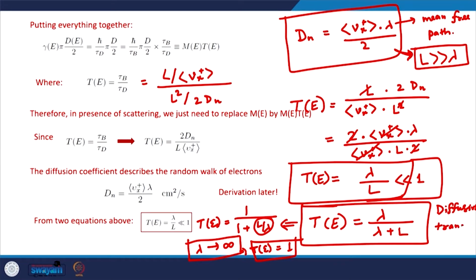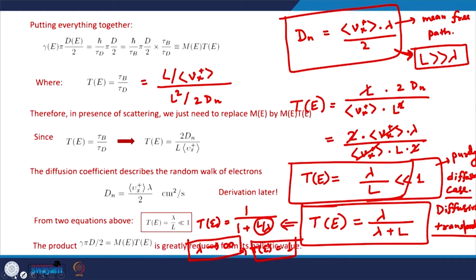So, this is a general expression, true for all cases. This expression is true only for the purely diffusive case, when the channel is extremely large as compared to the mean free path. Okay. So, I hope this point is clear.